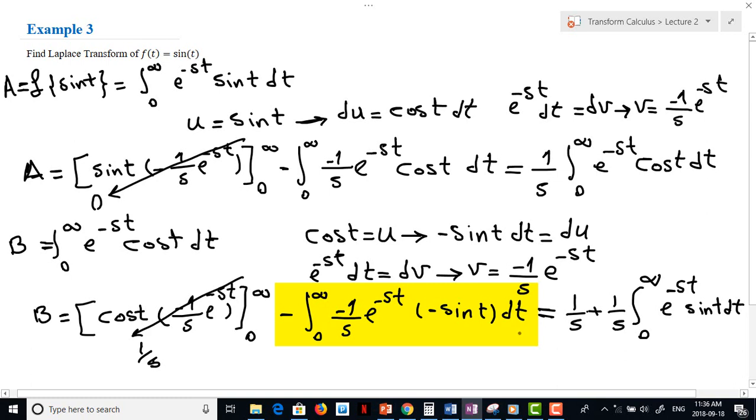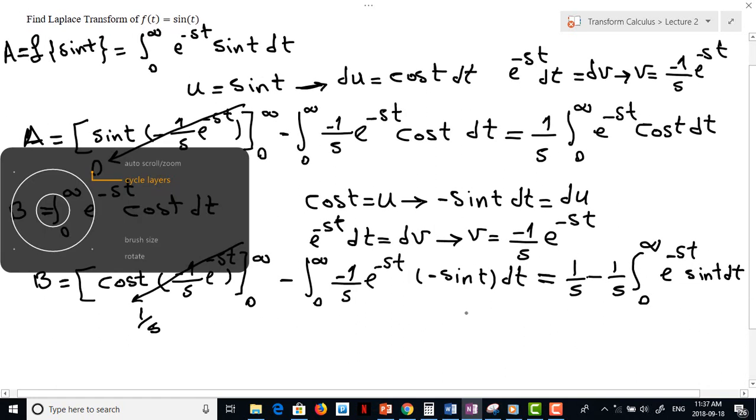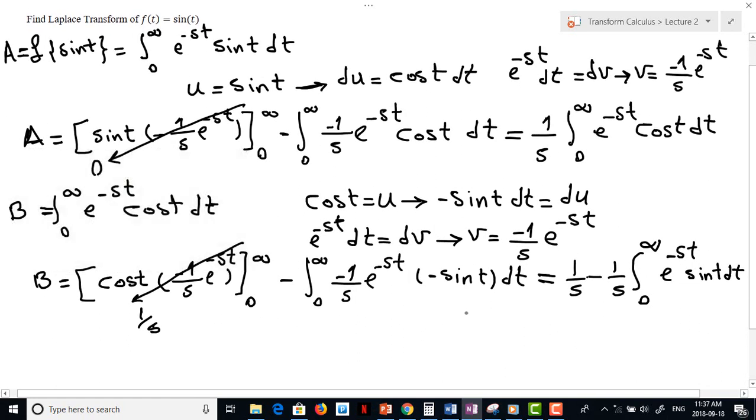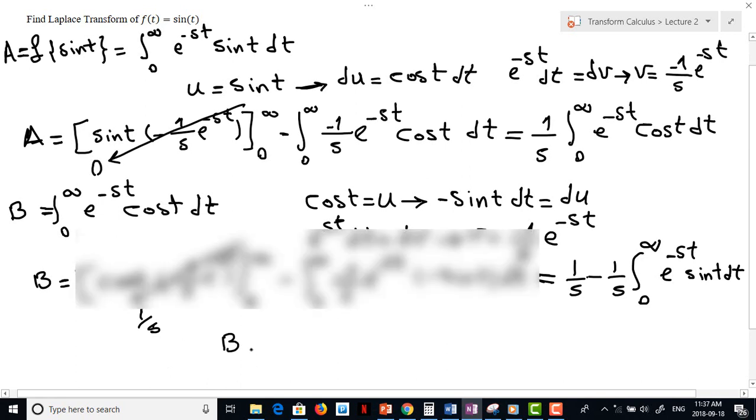Okay, just let me check this sign. Here we have minus times minus is plus. Oh, we have another minus here. As a result, this one should be minus. So as a result, we ended up with B equal to 1 over s minus 1 over s times this integral.